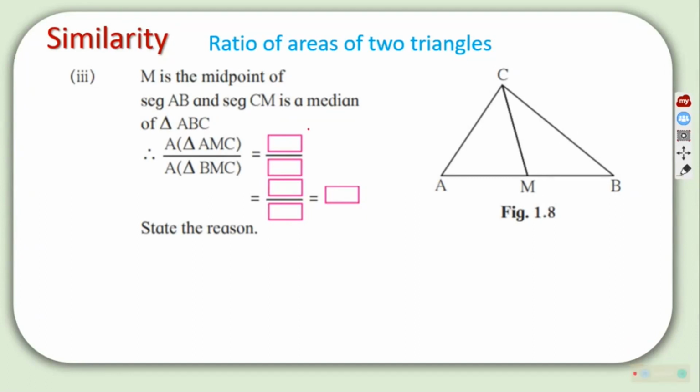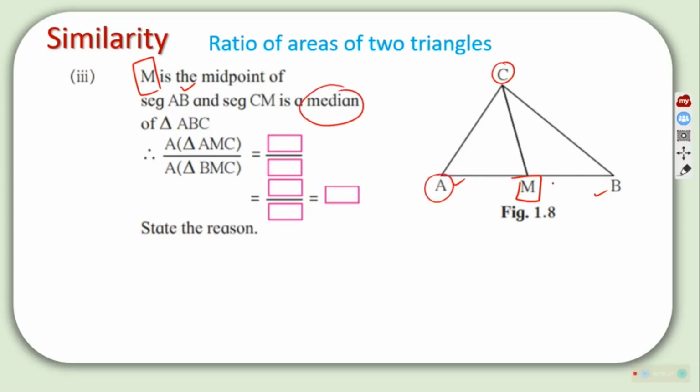Here comes the next one. It is given that M is the midpoint of segment AB, and segment CM is the median of the triangle ABC.